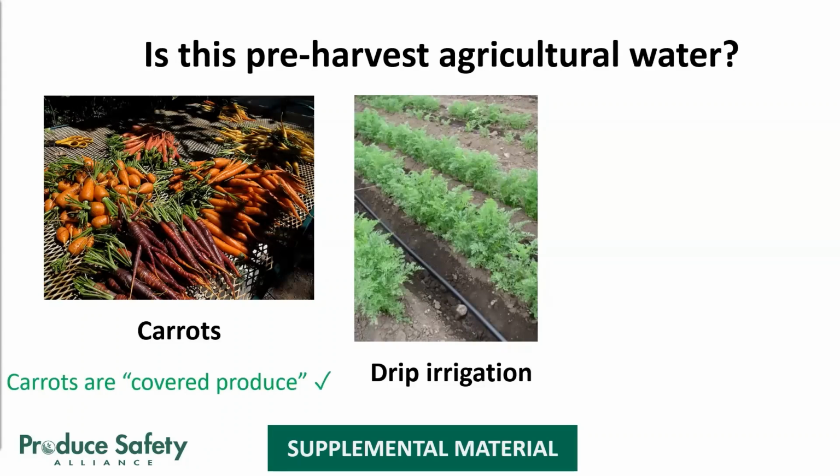Carrots are a type of covered produce, meaning we have to manage the food safety of these commodities. The edible portion of this crop is the roots. So even though we're drip irrigating here, that water is going to be contacting the edible portion of the carrot, the root. And so in this scenario, this would be considered agricultural water.